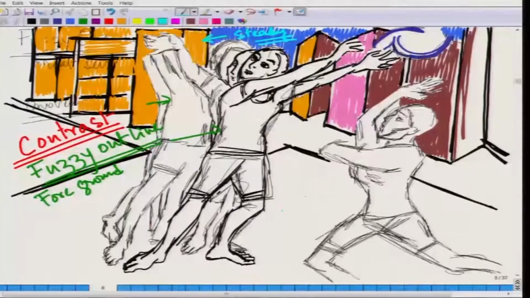There are structures which are stable in the background. They are architectural structures. So, our experience says that they do not move, they are stable. And then we have characters in the foreground who are highly active. So, through the active and stability, it is like the stability and instability contrast. The contrast factor is working here to emphasize the movement or the action.